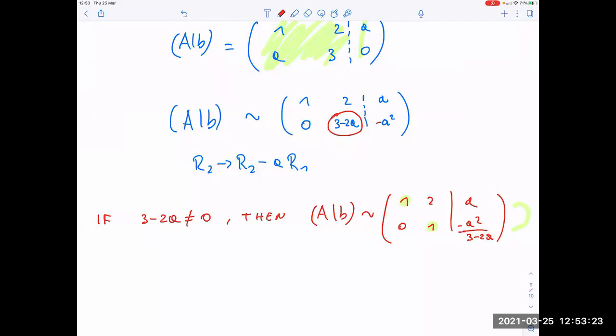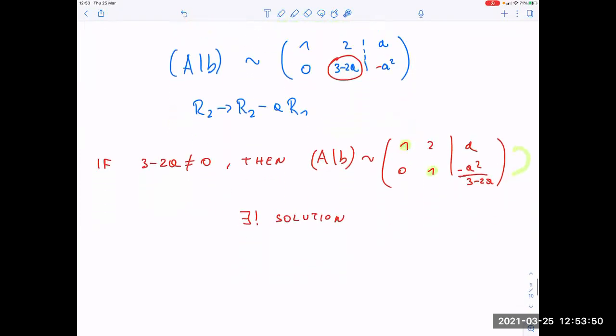So it is minus A squared. Okay, so there is a unique solution. If 3 minus 2A is not 0, there exists a unique solution. And you compute it like this. Y is going to be equal to this number. And to find X, you simply use the first equation.